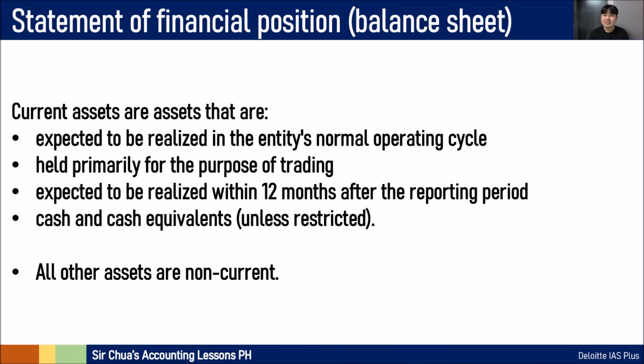Now, current assets are assets, and you know na this naman, you have been in FABM2 in your statement of financial position and how to separate current from non-current assets.